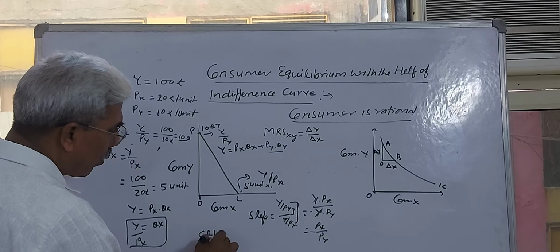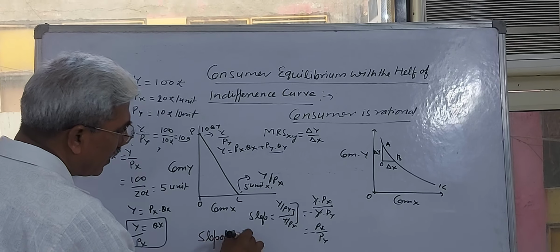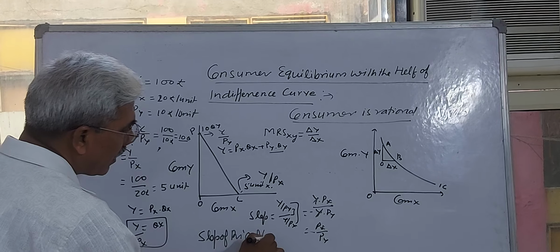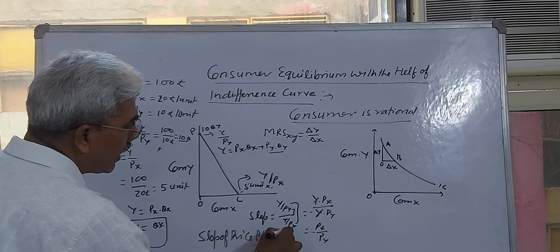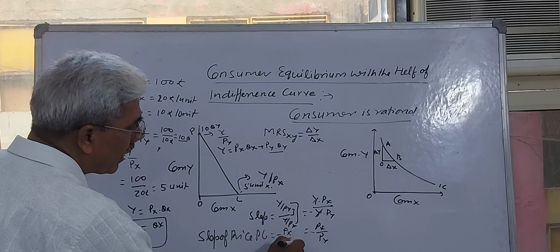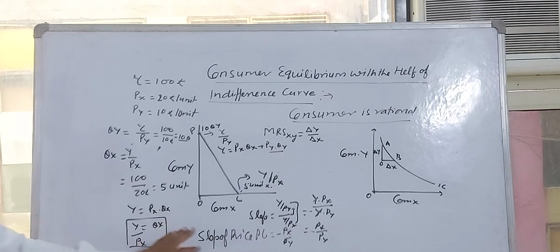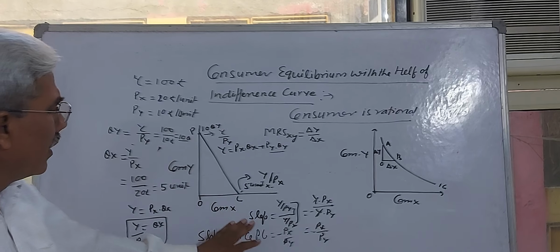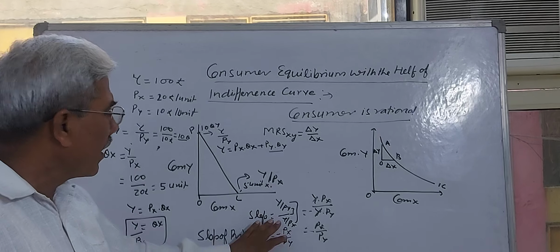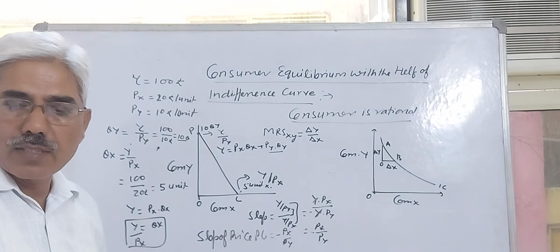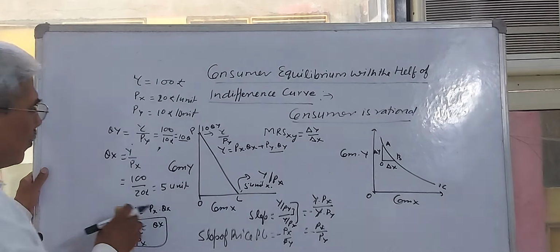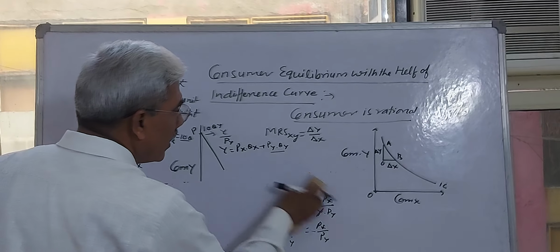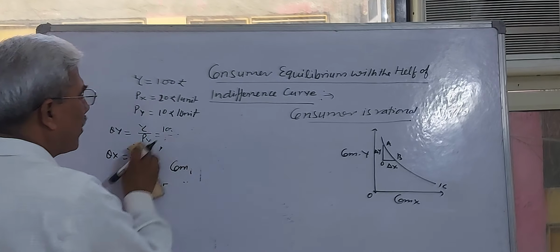In this way, the slope of the price line PL will be minus Px upon Py. I am assuming that you know this, but I derived it again so that you can understand the concept, what is the slope of this price line. Easy? If you have any query, you can ask me by giving me a message, and I will explain.